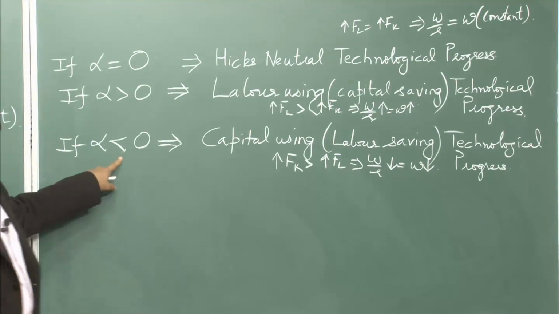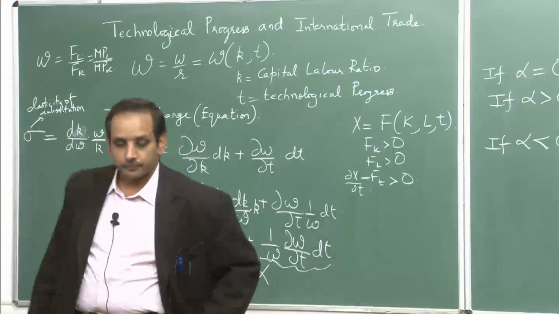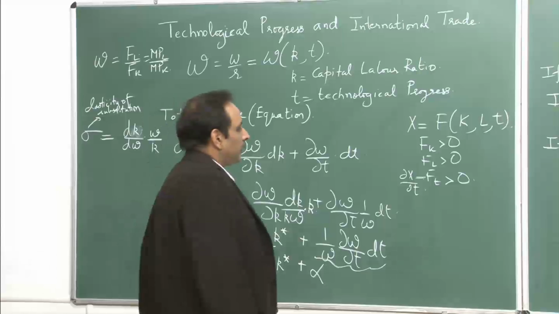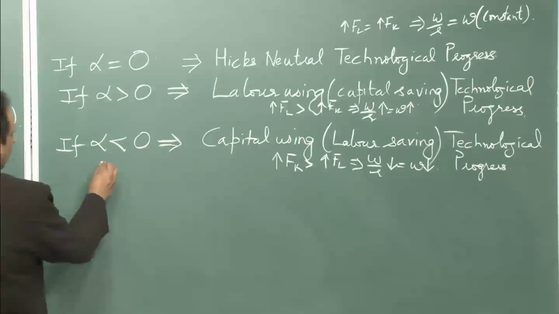So, this is how you define technological progress in trade and microeconomics. Now, you can always make a diagram.